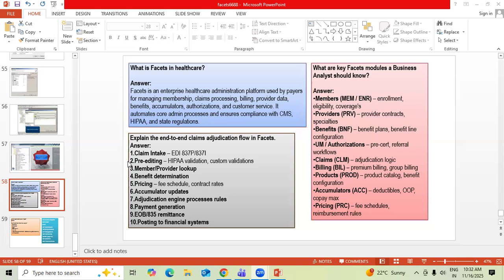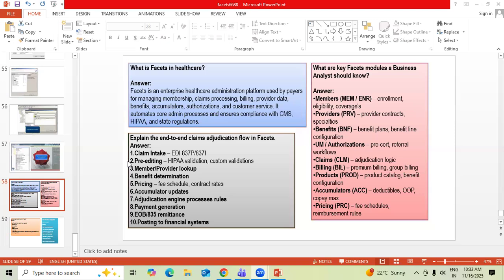Next, utilization management and authorization covers pre-certifications and referral workflows. Claims module: whenever we receive claims, claim receivables followed by claim adjudication and claim settlements will be part of the claim module.